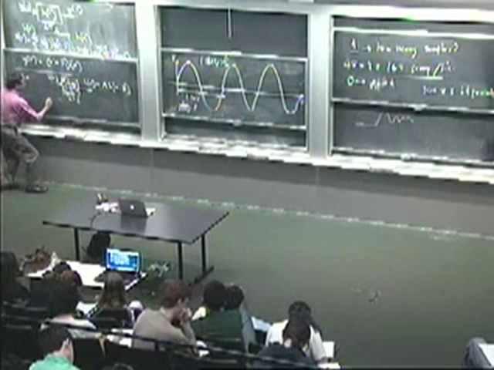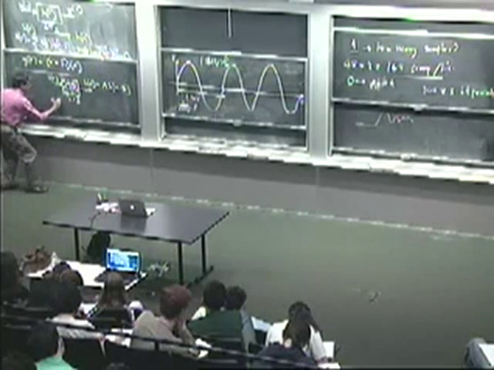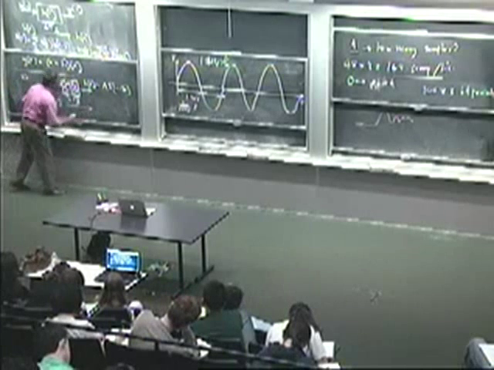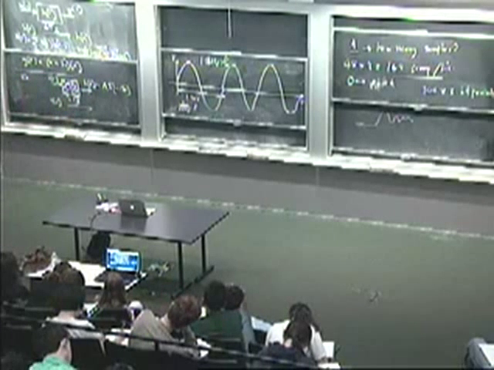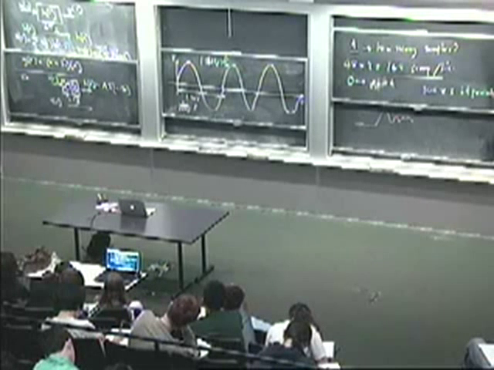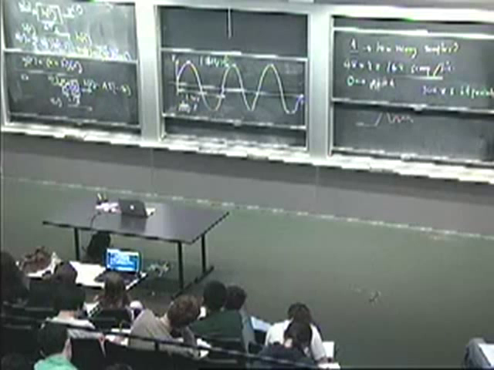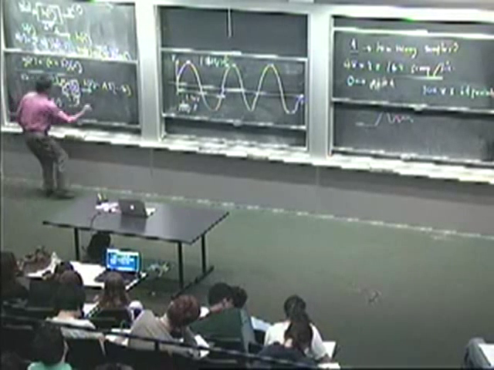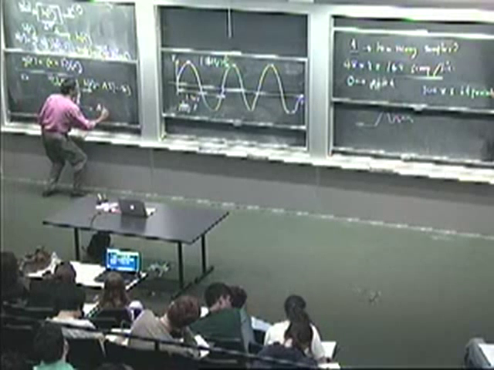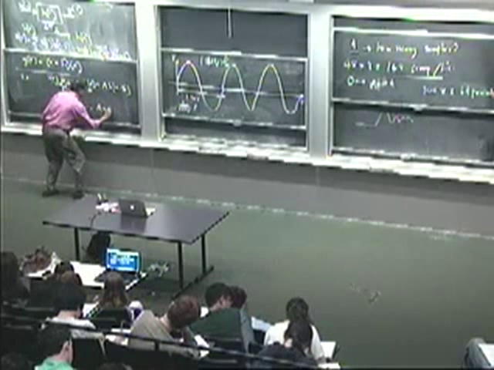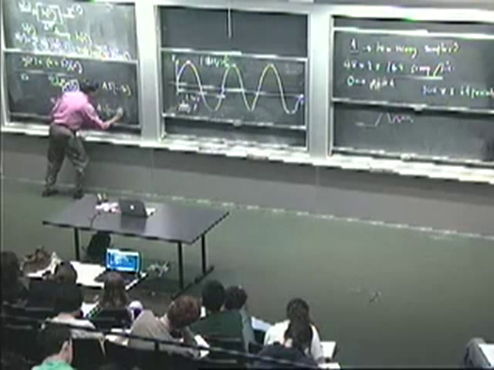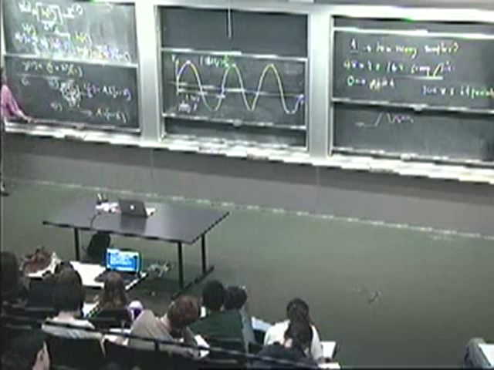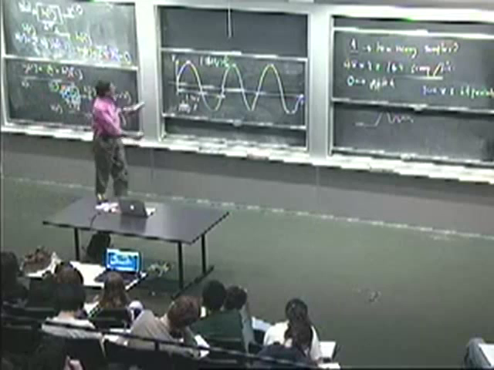And if I put some general input function in here, what's the output? Without telling me about convolution. Somebody, I heard a voice here. Yeah? Right. We didn't have to do any convolution to figure this out, right? Because I described the system to you in a simple way. You could tell me what it does to the output.